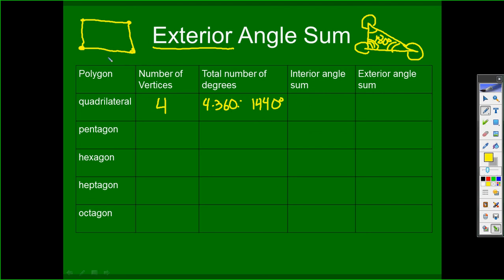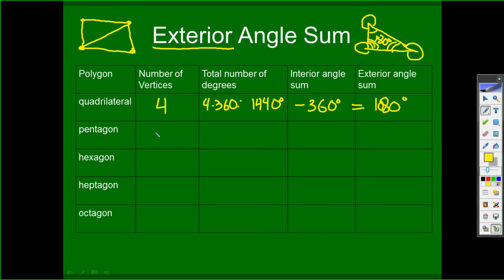And I know that there are 360 degrees on the inside because there are 2 triangles. So if there are 1440 degrees total in this shape and 360 are on the inside, that would mean that the outside would have 1080 degrees. 1440 minus 360 equals 1080.